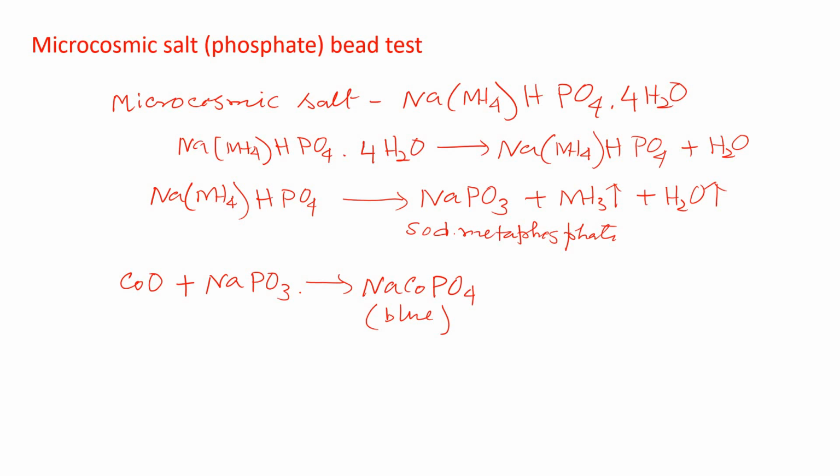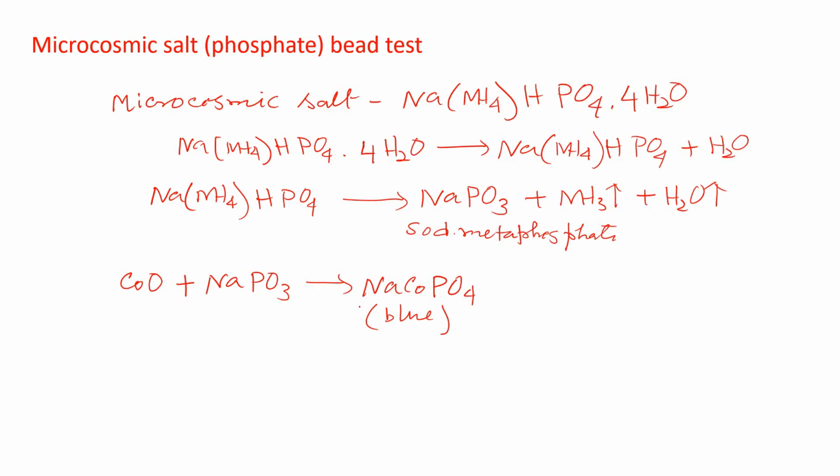So here these oxides of the metal react with this sodium metaphosphate, giving the orthophosphate, and these orthophosphates are the colored bead. Okay. Now what happened? This is in the oxidizing flame, this is blue color. Now, just like borax bead test, in that reducing flame, what may happen?